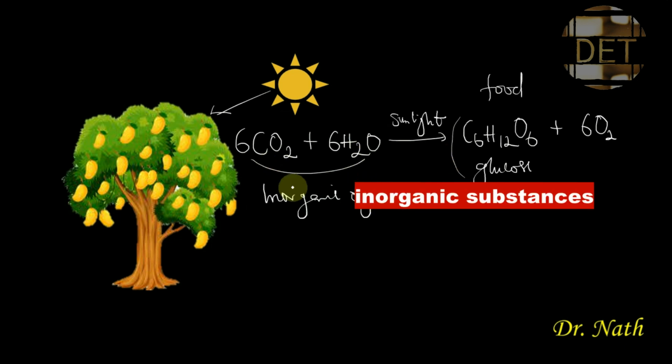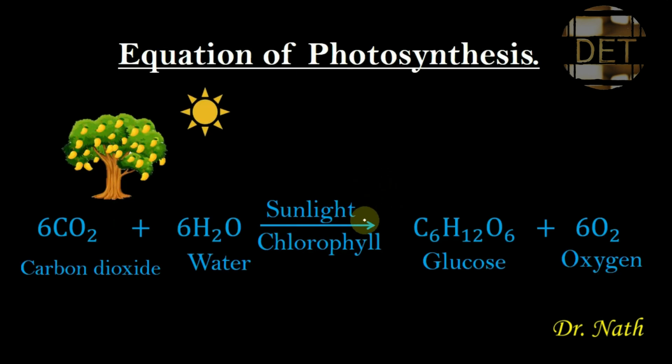So this is just a representation of photosynthesis. The equation of photosynthesis is that 6 molecules of carbon dioxide combine with 6 molecules of water using sunlight energy in the presence of chlorophyll to give us 1 molecule of glucose, and 6 molecules of oxygen are given out as a byproduct.